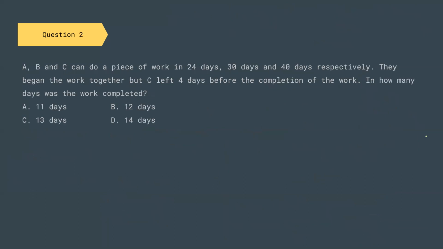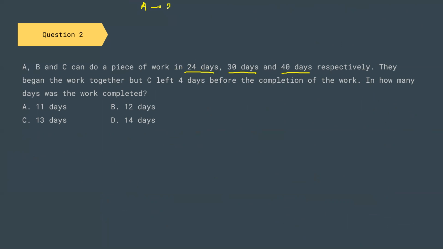So they're saying that A, B, and C can do a piece of work. A can do a piece of work in 24 days. B can do a piece of work in 30 days. And C can do a piece of work in 40 days. So let us tabulate this fact.